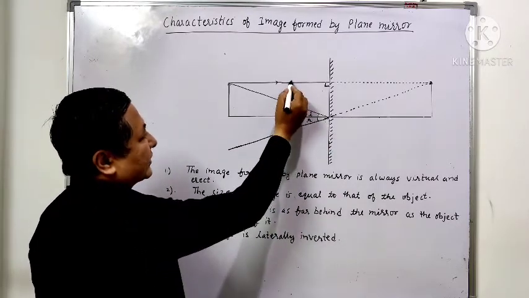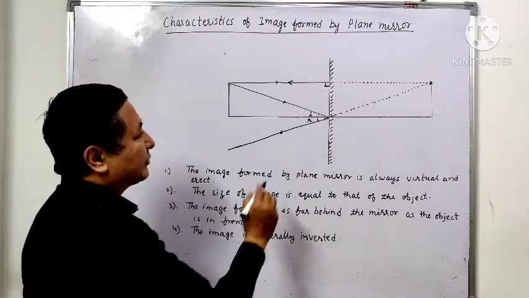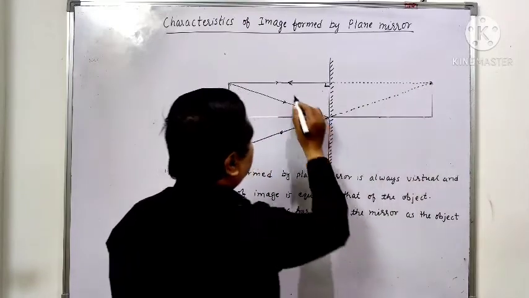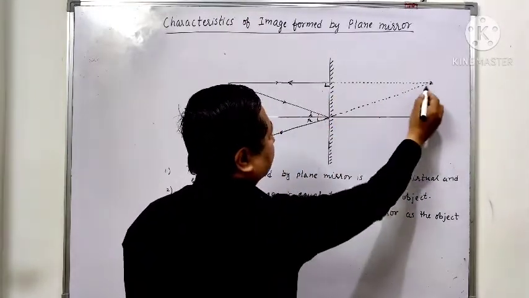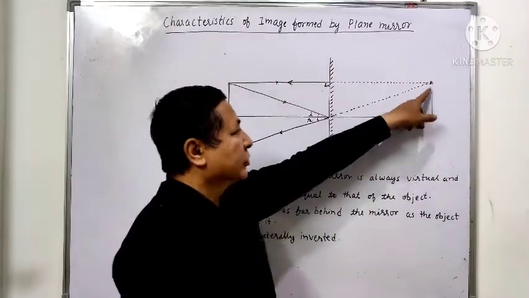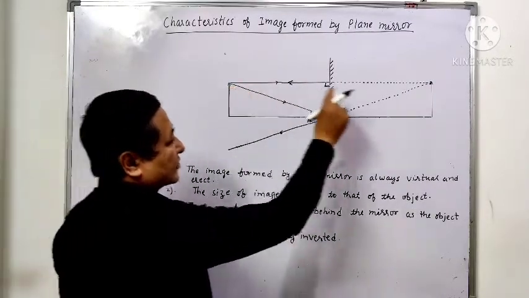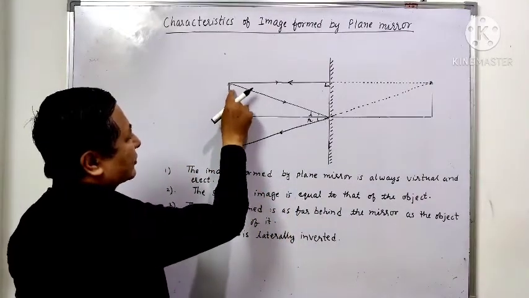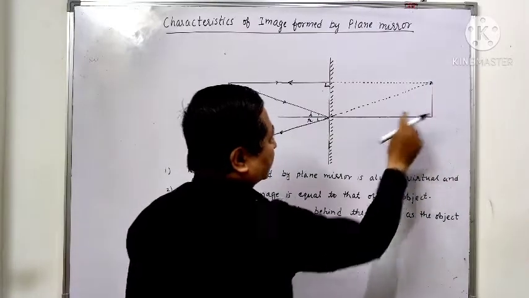Now these two reflected rays, this one and this one, will never meet with each other, but if we produce them backward, you will see that they are appearing to meet at this point. So the image of this point of the object is formed on this point, and similarly the image of all the points on this object will be formed on this side.